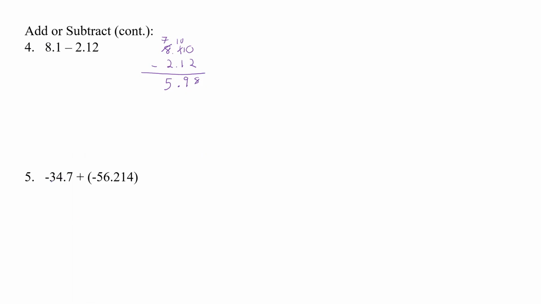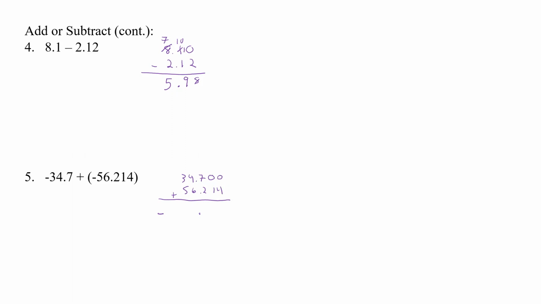All right, so the next one here, we have a negative, and we're adding them. So basically, we're going to add the two as if they're just normal positives, and then the sign of the final answer is going to be negative. So if we take 34.7 plus 56.214, and if we put our negative sign here already, because we know it's going to be negative, now we can go ahead and add those zeros over here to keep the placeholder so we know we line up just right.